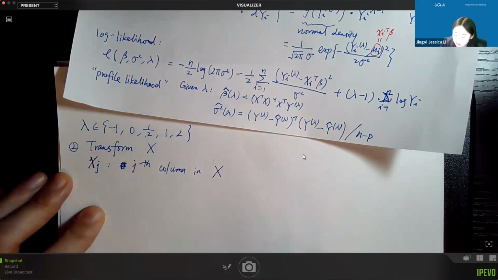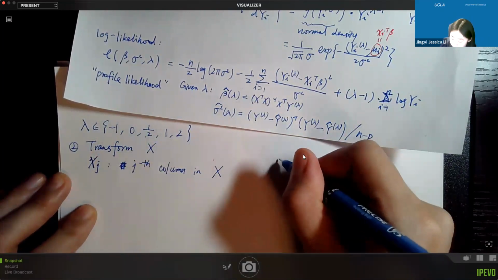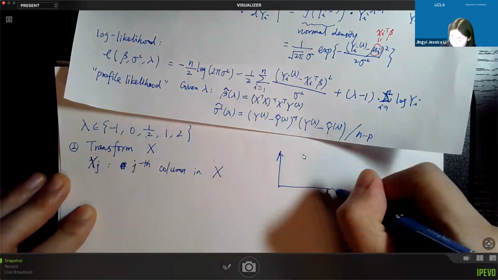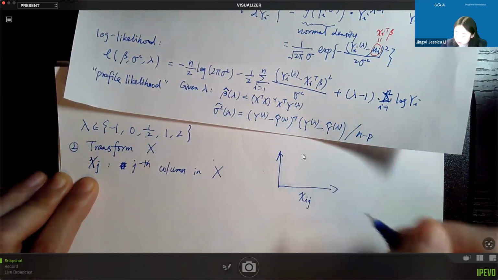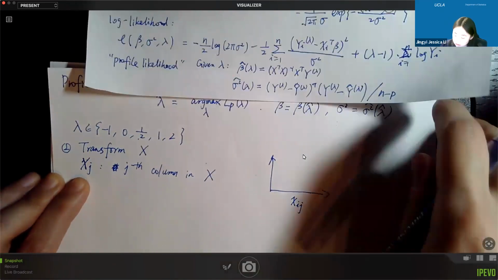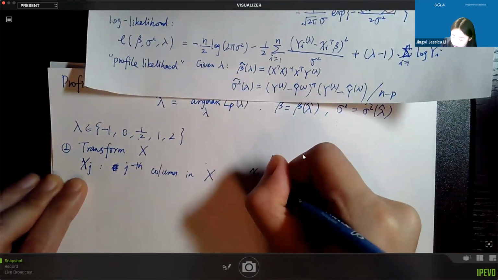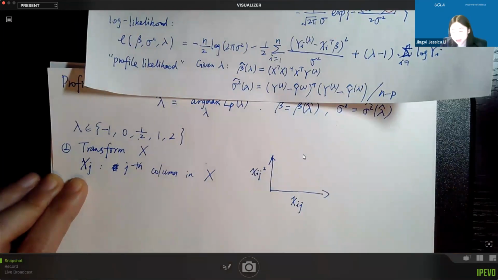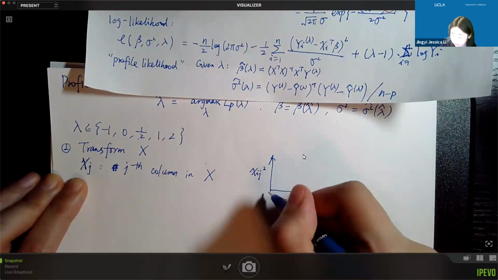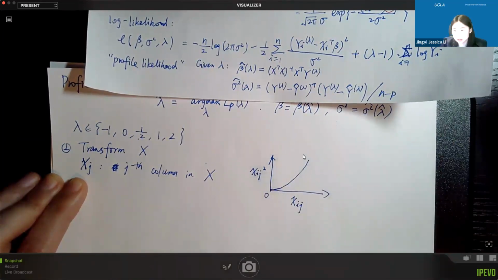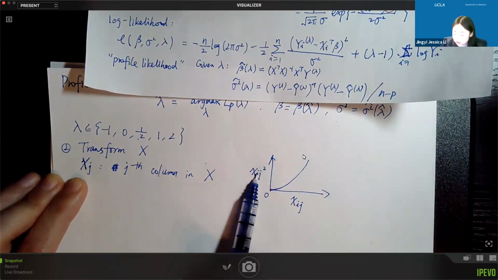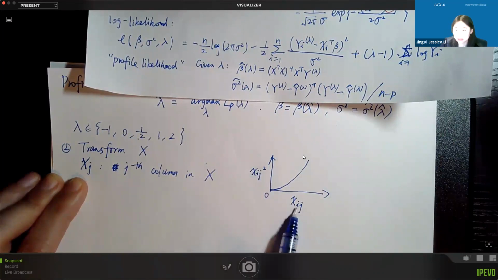So if you do the transformation for each element in xj, I call that xij to be consistent with our notation, if you do xij squared, and all the xij are positive, then you do a quadratic transformation. We know the curve looks like this. So you can see that this xij squared would be highly collinear with xij.